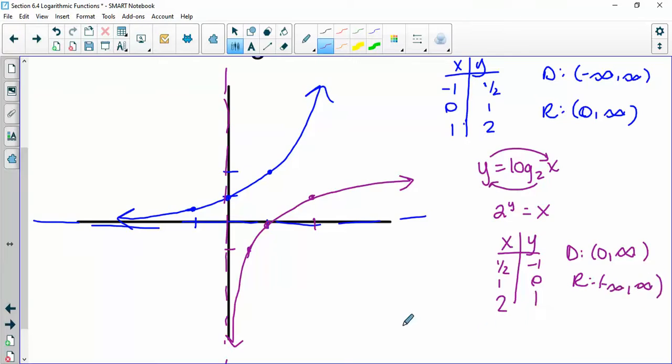So what is the relationship between these? If you look, all of your ordered pairs, all you did was flip x and y. The domain of the first one was the range of the second one. The range of the first is the domain of the second. These are inverses of one another. They're complete opposites, they undo each other.